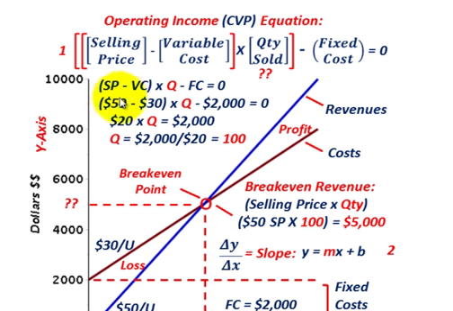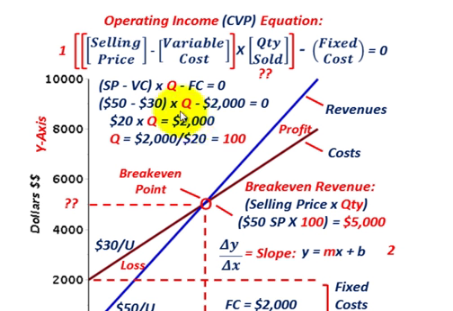Plugging our numbers in: $50 selling price, minus $30 variable cost, times our quantity, minus the $2,000 fixed cost, and we set that to 0. Subtracting $30 from $50, we come up with $20 times our quantity.